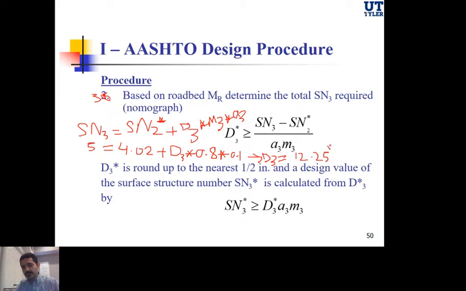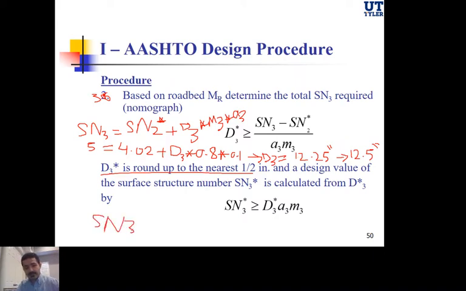12.25 inches. And again, I'm going to round this third layer to the nearest half an inch. Therefore, it will be 12.5 inches. And then lastly, I will need to update the overall SN3.